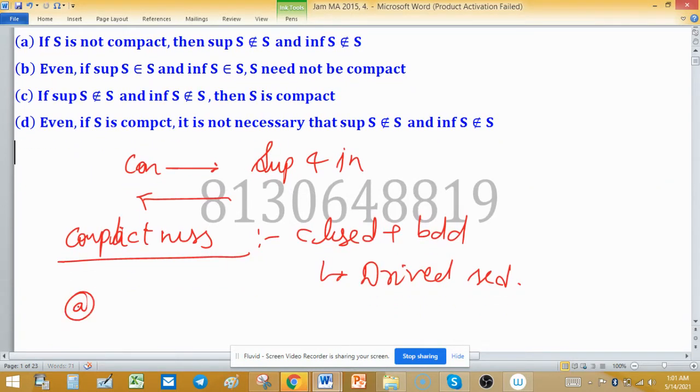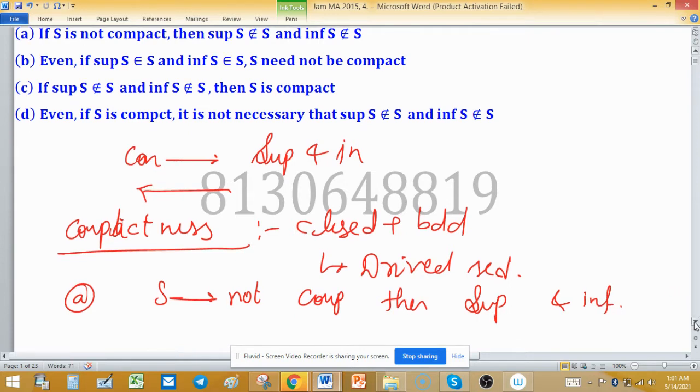So come to statement A. If S is not compact, then we have to check whether its supremum and infimum are in S or not. And what is S?